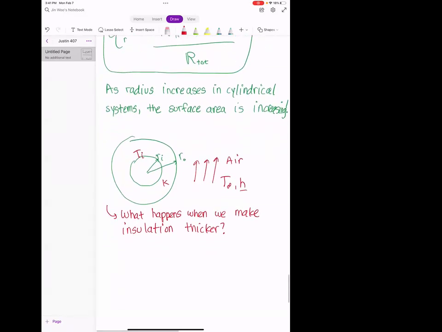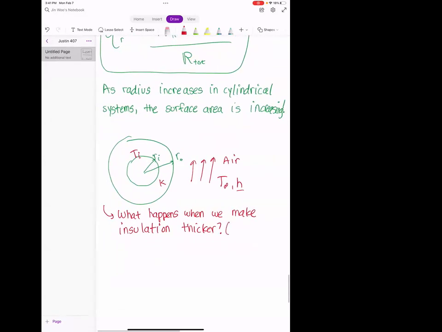In other words, if we make the insulation thicker, that would be the same thing as increasing Ro while keeping Ri the same. We're just going to add additional layers of insulation on top.